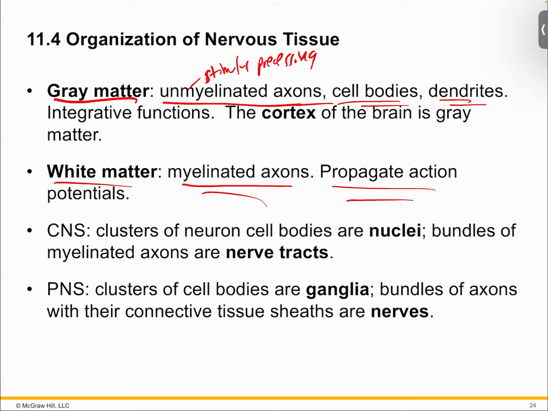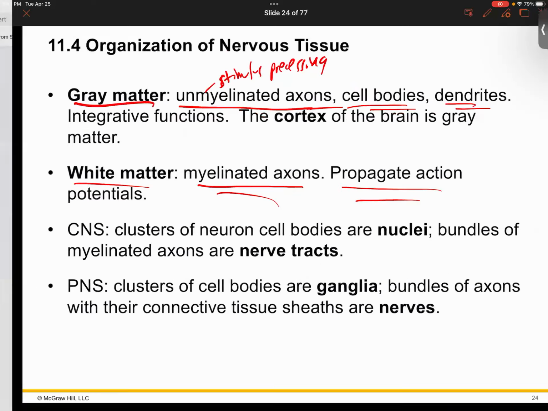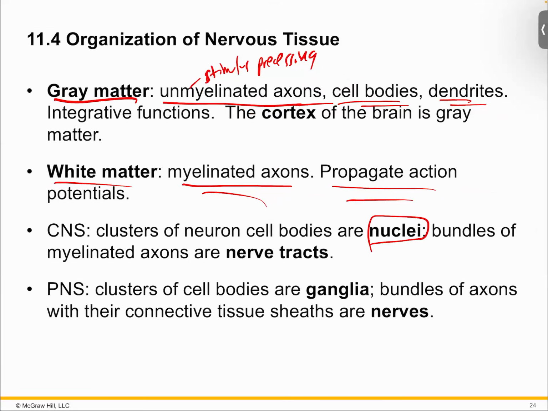That exact same thing in the central nervous system, in the brain, is what we refer to as a nucleus. So a cluster of cell bodies in the central nervous system is nuclei, not ganglia. Nuclei and ganglia are the same thing. It's just that ganglia are in the peripheral nervous system and nuclei are in the brain.